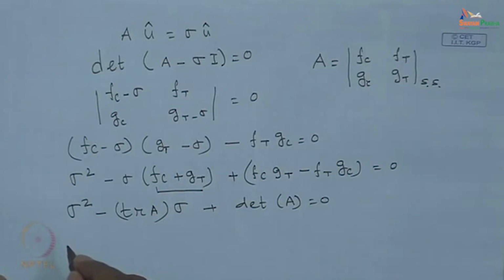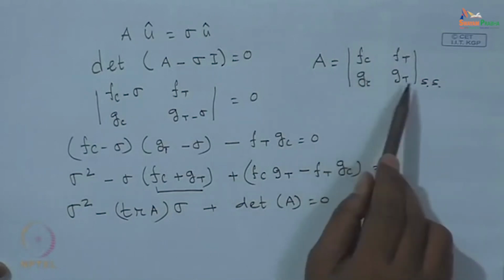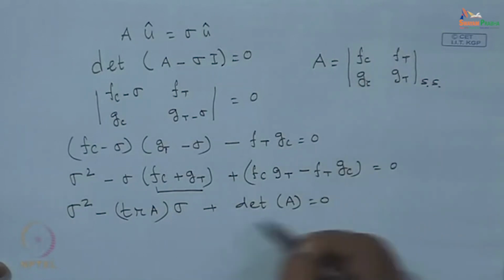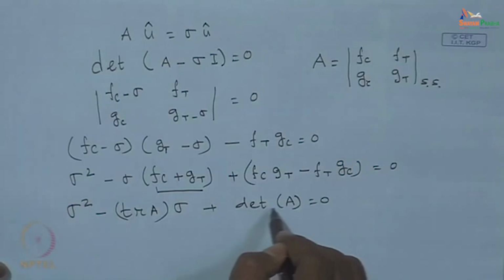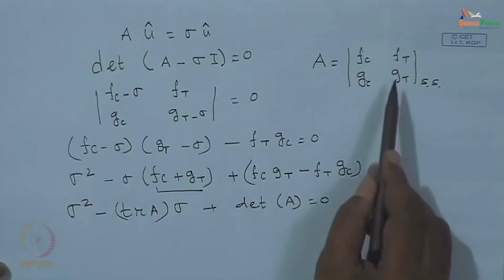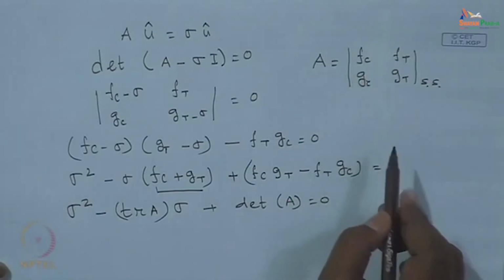Therefore, the coefficient of sigma is nothing but the trace of the Jacobian matrix, and the third term in this equation is nothing but the determinant of the Jacobian matrix.